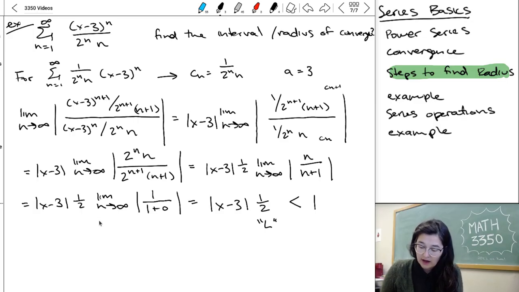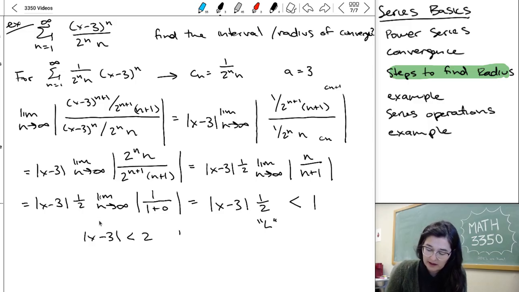So now, I just have to do algebra to solve for my x's. So this is going to be true if absolute value x minus 3 is less than 2. This is my 1 over L that I talked about. So that means my radius of convergence is 2.